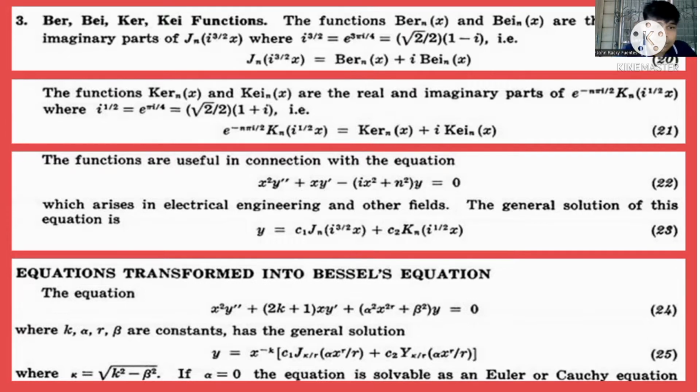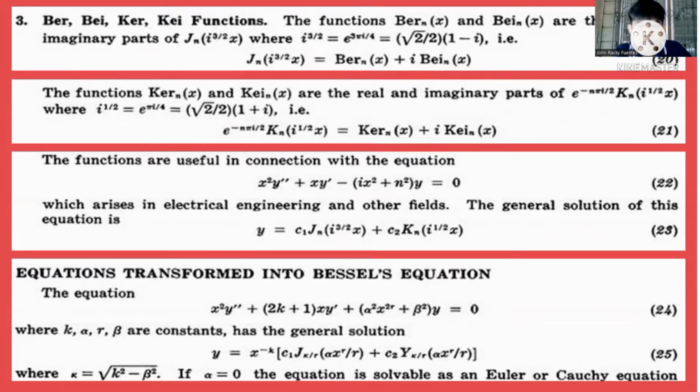Now on to Ker and Kei. The functions Ker sub n of x and Kei sub n of x are the real and imaginary parts of e to the minus n pi i over 2 K sub n of i to the 1/2 x, where i to the 1/2 is equal to e to the pi i over 4, which is also equal to square root of 2 over 2 times (1 plus i).